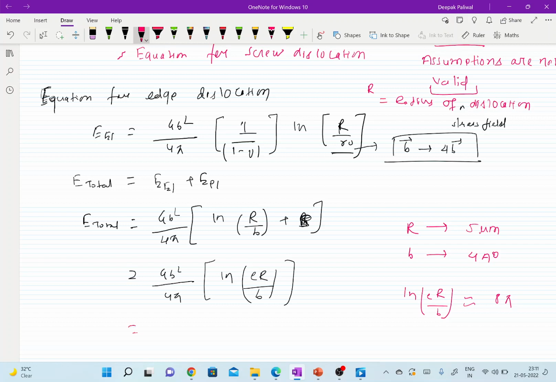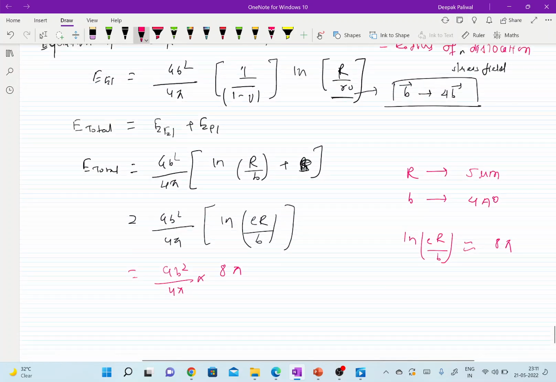If I write Gb square by 4 pi multiplied by 8 pi, the total energy becomes 2 times Gb square.